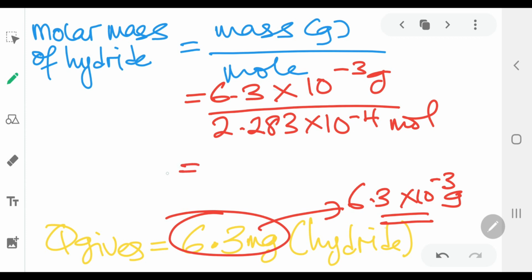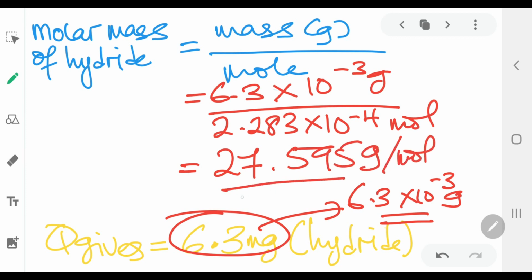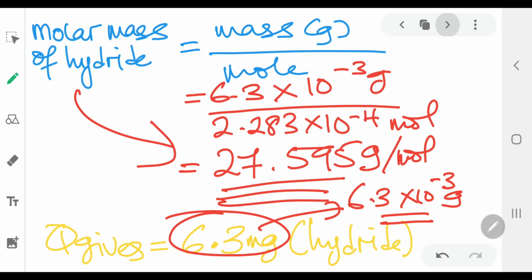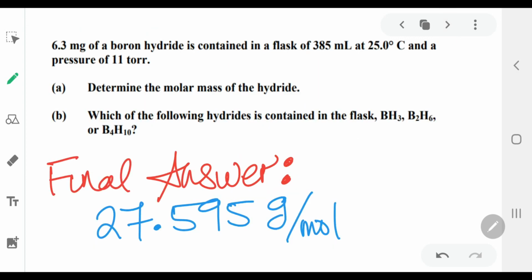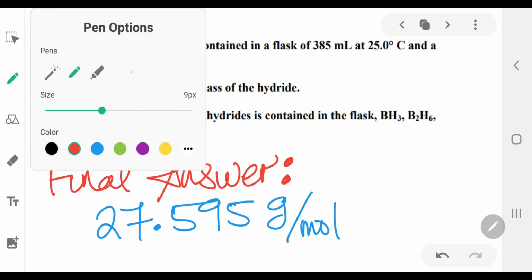So the answer is about 27.595 gram per mole. So that is the molar mass of your hydride. Okay? So that is the final answer for this.